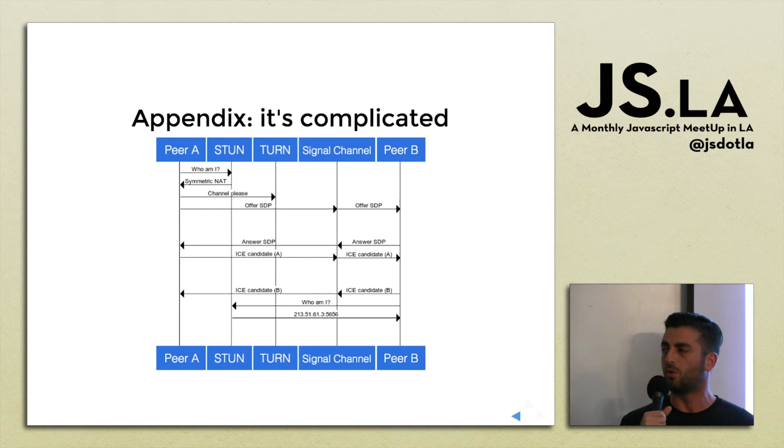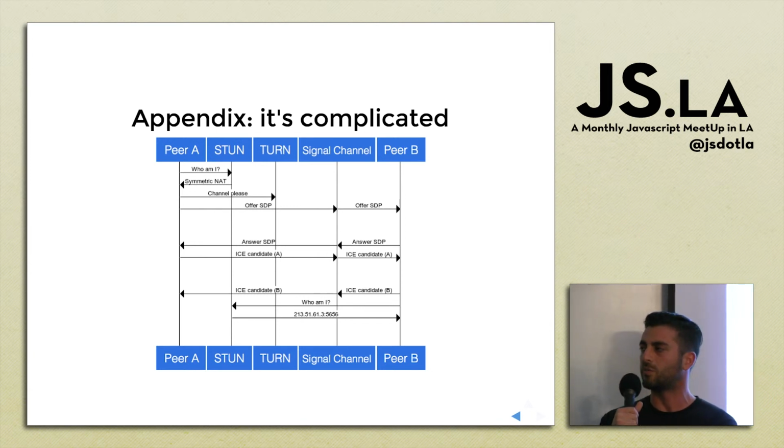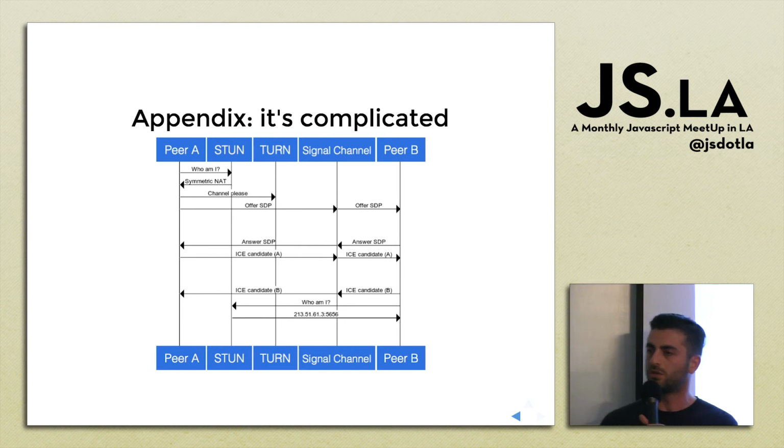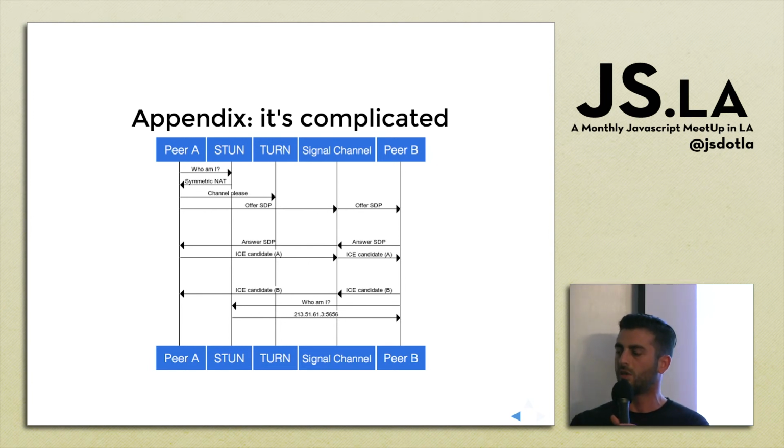The only one it will not handle is a symmetric NAT. The first thing WebRTC will do is your client will talk to the STUN server and say, hey, where am I? What is my public IP and what port am I mapped to? Once it figures that out, it can tell the other peer and they can get connected.